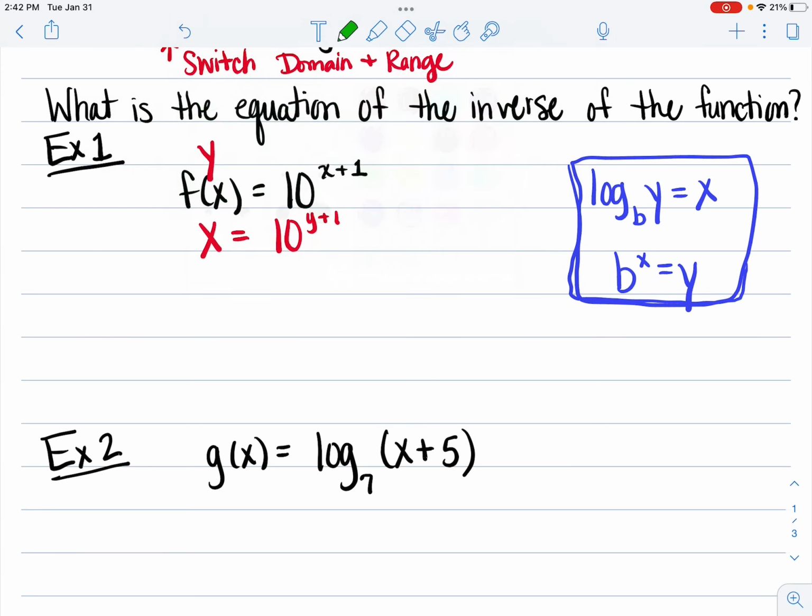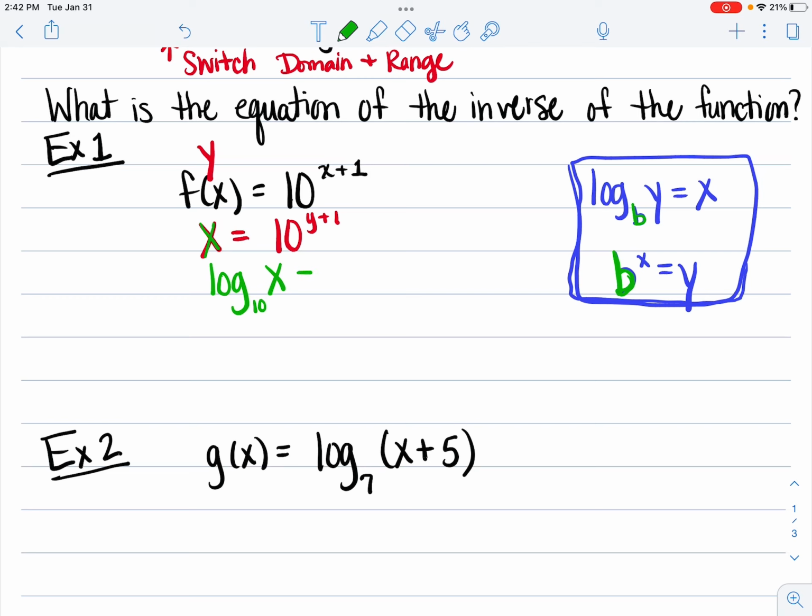So this is going to change into log with a base of 10, because I can see here that the base of my exponent is the same thing as the base of the logarithm. Then what the exponent is equal to, the x in this case, is what I'm taking the logarithm of.